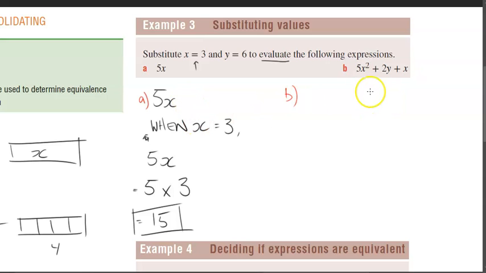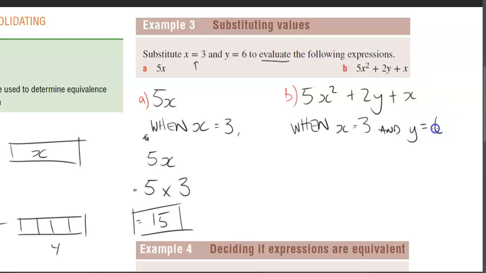Let's jump straight into what seems to be a tricky one, but it's actually quite simple. 5x squared plus 2y plus x. Okay, so let's write the expression first. 5x squared plus 2y plus x. So when x is equal to 3, and now we've got another variable y, which is equal to 6, let's just go ahead and put a straight substitution into it. This is going to equal 5 times 3 and this little 2 on top.